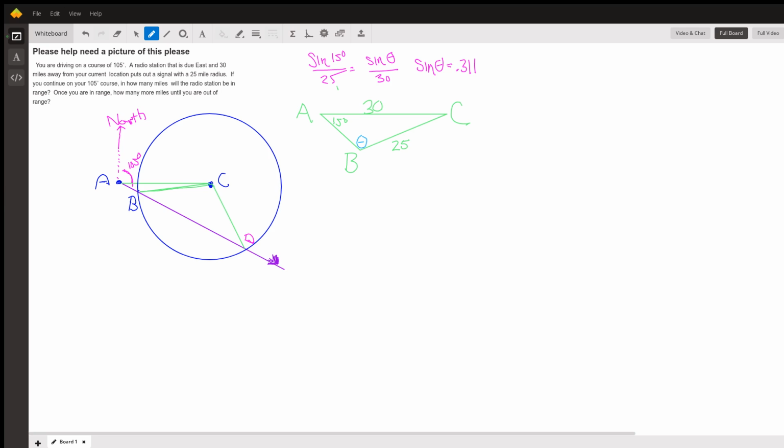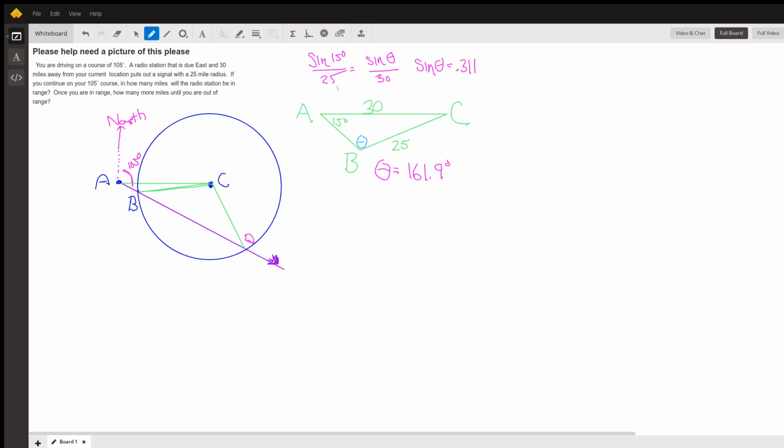We're looking for the obtuse angle, the second quadrant angle, which is in fact 180 minus 18.1. That angle theta is 161.9 degrees. So now we can actually solve for the third angle up at C, because the three angles have to add up to 180. So we have all three angles now. We can easily solve for that side AB, and I leave that to you to use the law of sines to solve for the side AB.